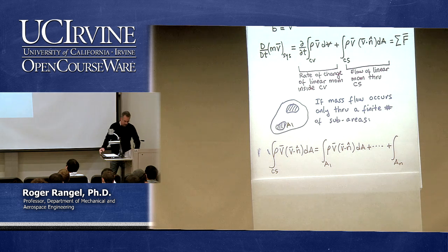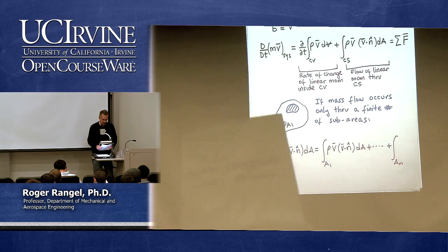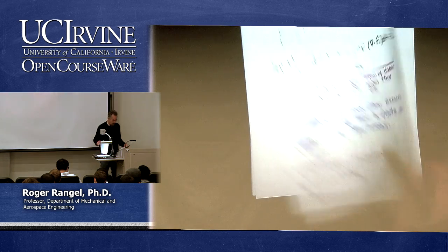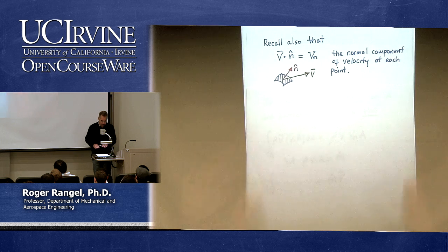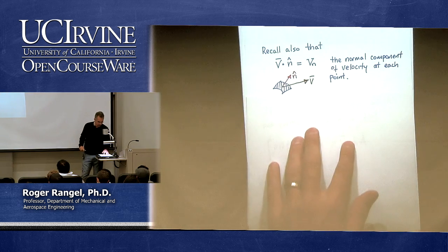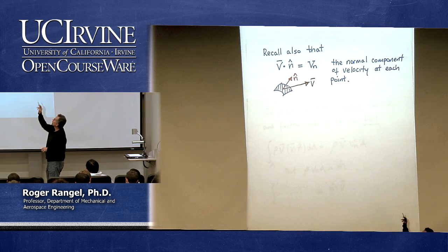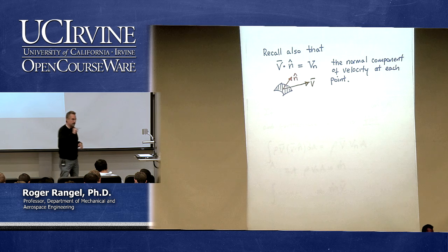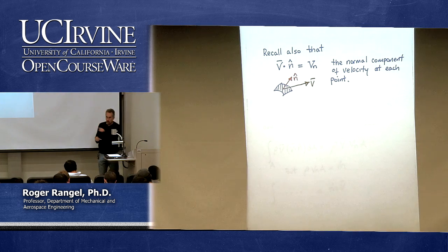Okay, so also, and this was also on the quiz just now, this is also true. If I'm looking at one of those patches, I know that V dot n gives me the normal component. In brown there, you see the actual full velocity vector on that spot, and the normal unit vector.